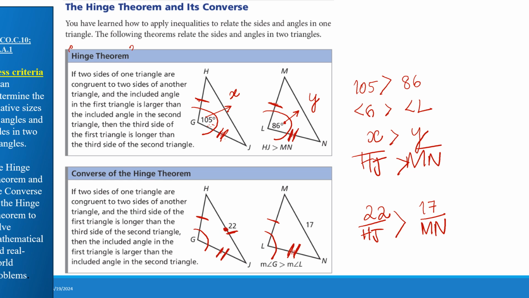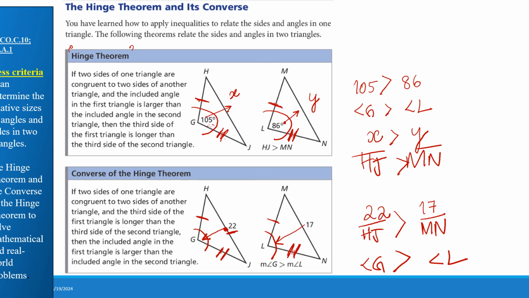The opposite of this is angle G, and opposite to the other side the included angle will be L. So if this side is bigger, the included angle will also be bigger than the other angle. So this is the converse of the Hinge theorem.